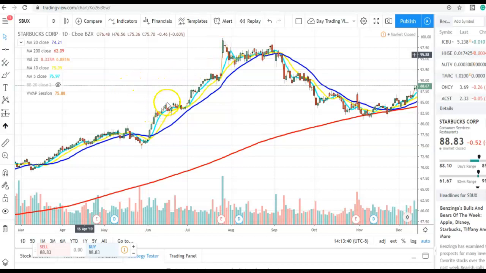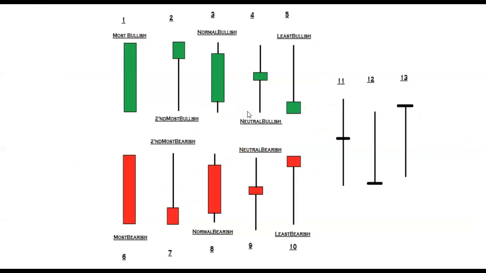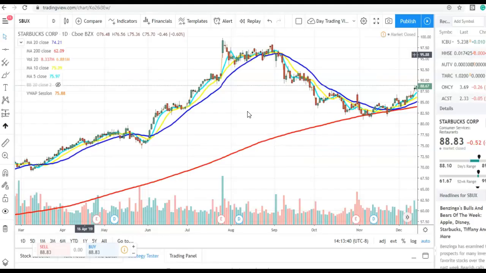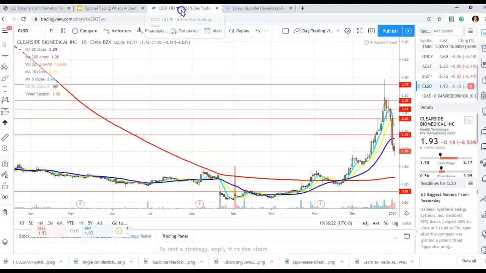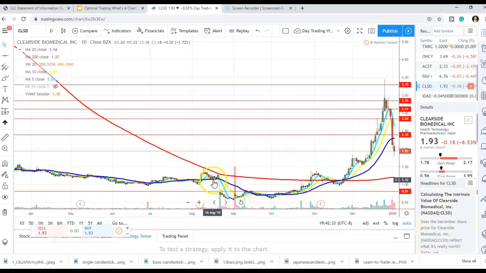And just like stocks can gap up, they can also gap down. I don't see any gap downs on this particular chart. Let me go ahead and click out, just so you can see. Let me see if we have one here. CLSD, right here. Boom. There we go. This is a gap down.